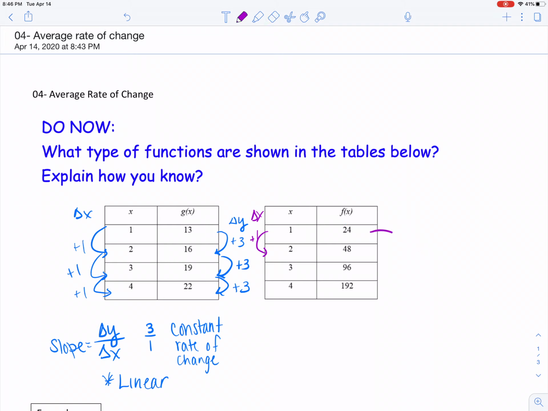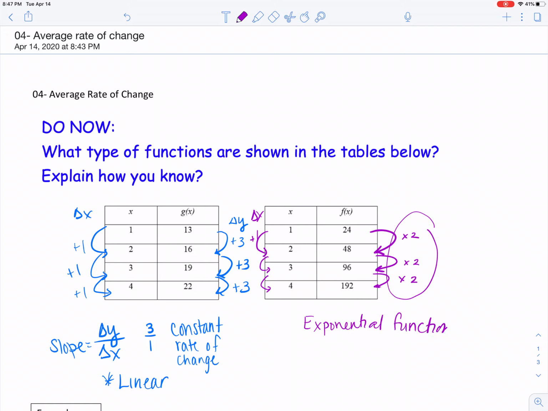Going from 24 to 48 is doubling. Going from 48 to 96, doubling. 96 to 192, also doubling. All the x's are going up by 1. So when we have this common ratio or common factor from one output to the other, this would be an exponential function, our current topic.